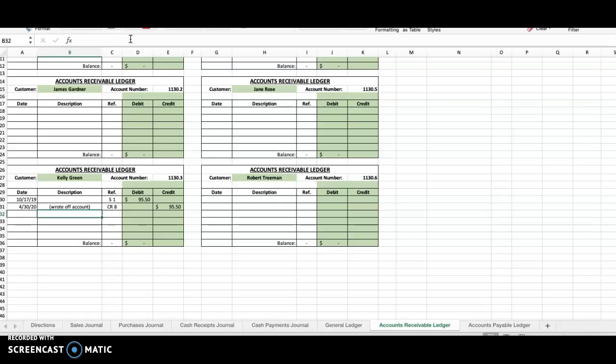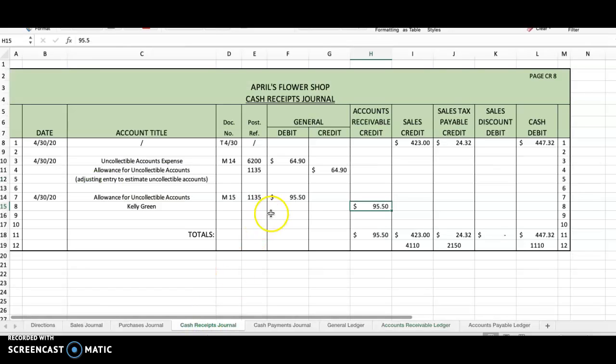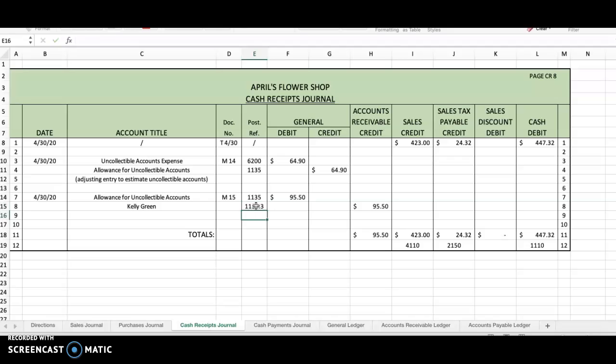So if she comes back to us later and wants to charge something again, we can check her account and see that we had to write off her account, so we're not going to give her more credit. If she wants to buy something else from us, probably we will insist on cash. So that's why that is put in the description column. And 1130.3, back into our journal. So that's how that's written off.